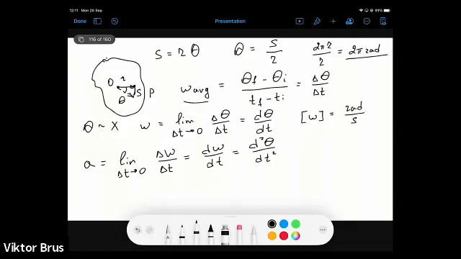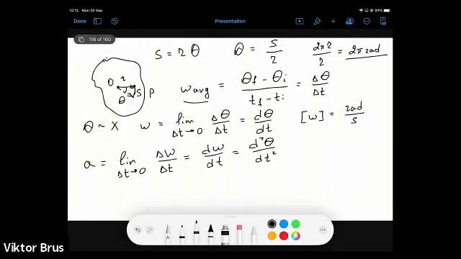For instance, if we have rotation in the xy plane, then this omega vector will be directed out of the plane when the rotation is counterclockwise, and into the plane when it's clockwise.